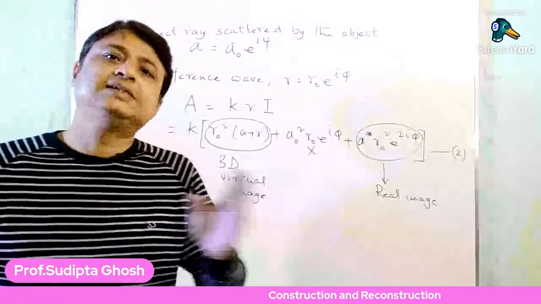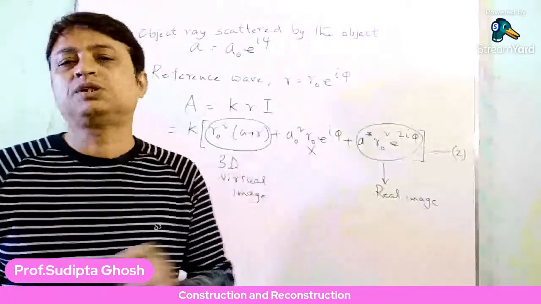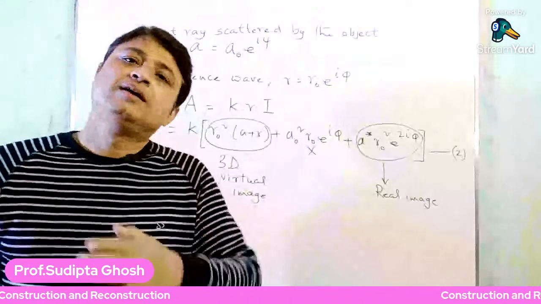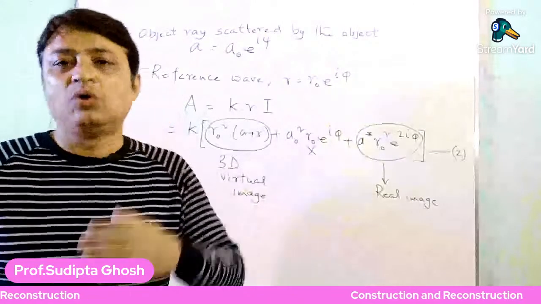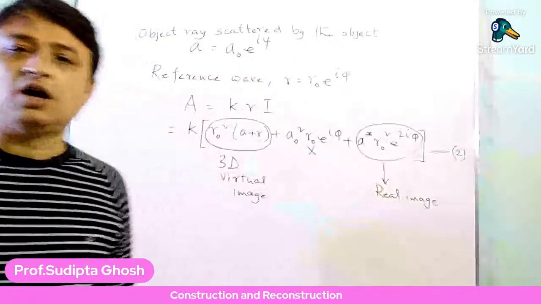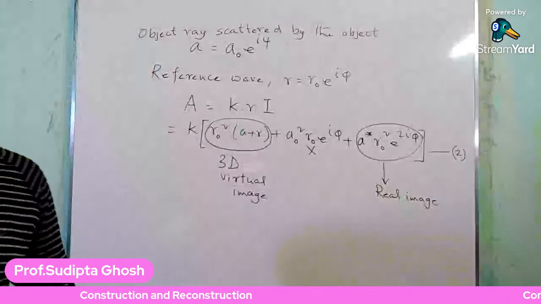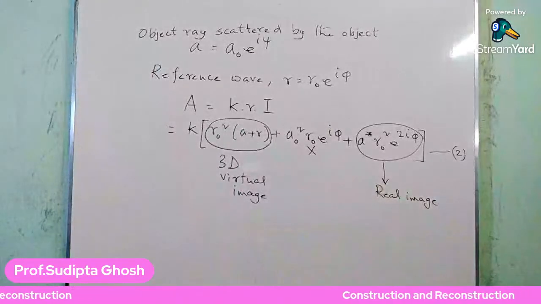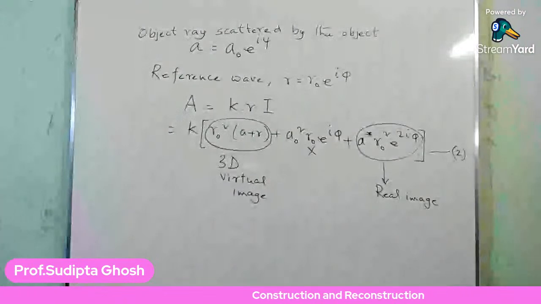But here lies the difference. If a small portion of a hologram is found, then we can reconstruct the original image from that portion of the hologram. And these properties make holography very popular in many applications.